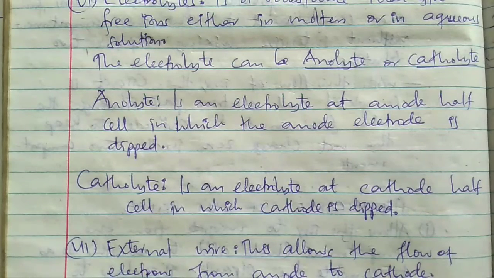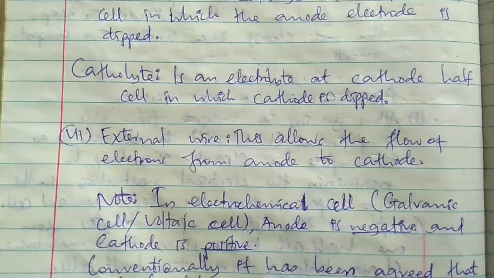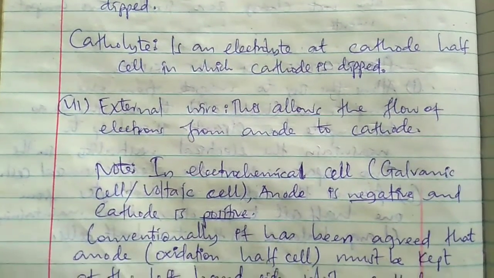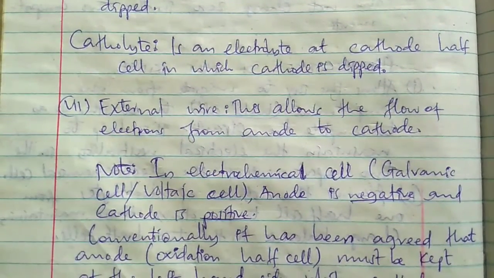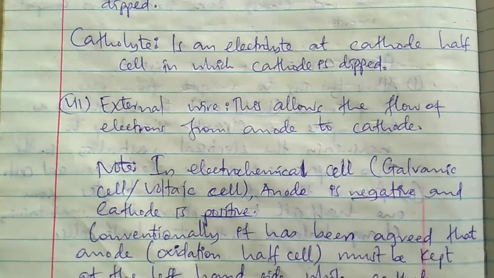Free ions is the basic characteristic of electrolyte. Then you have the external wire. The external wire allows the flow of electrons from anode to cathode. Note that in electrochemical cells or galvanic cell, anode is negative and cathode is positive.